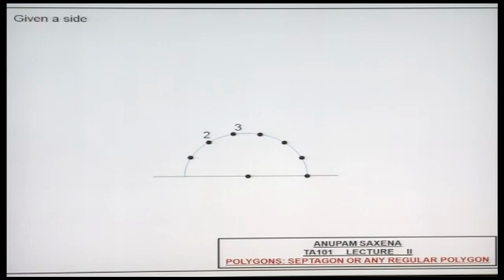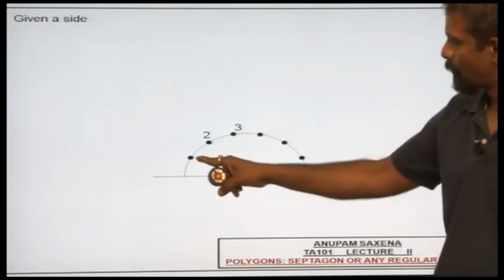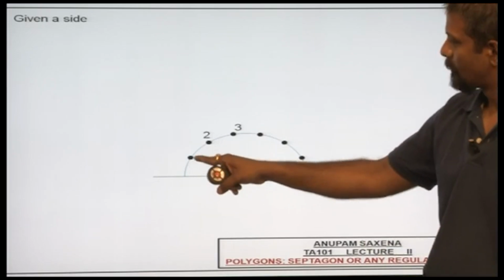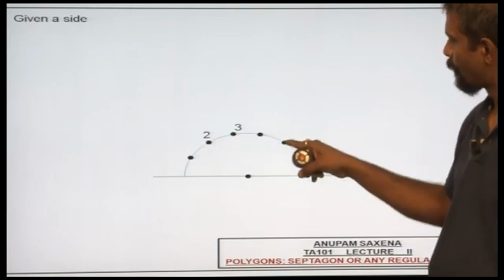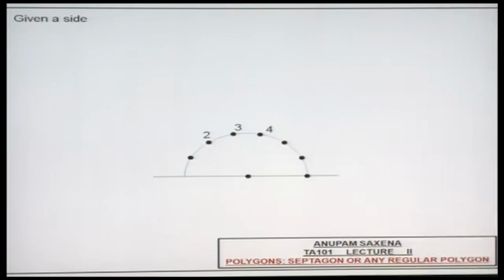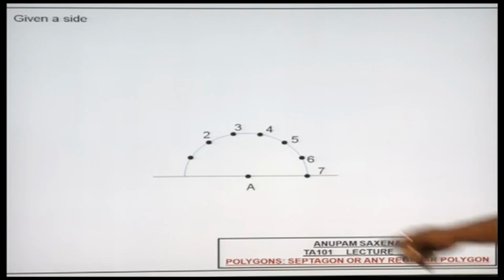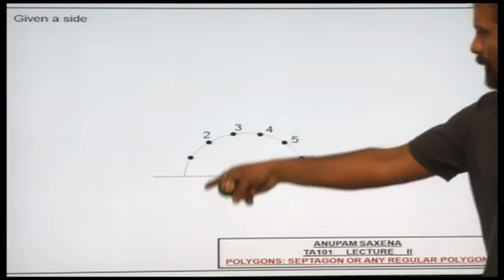And name them in such a way that you let go of this first point on the left. So start naming them as 2, 3, 4, 5, 6, and 7.